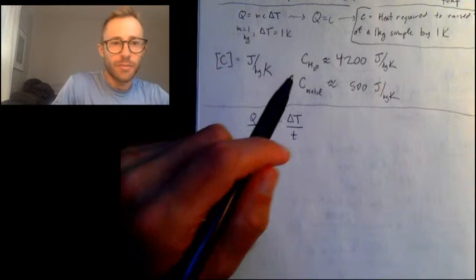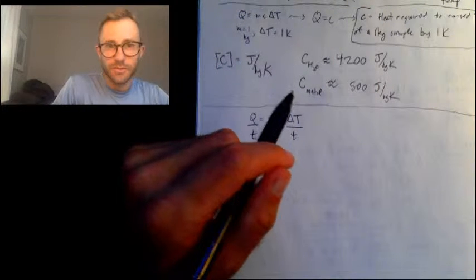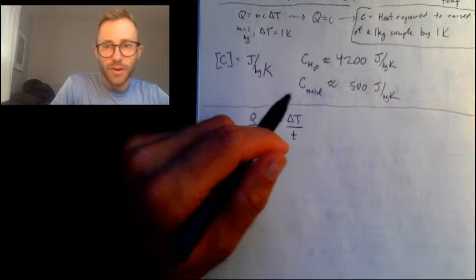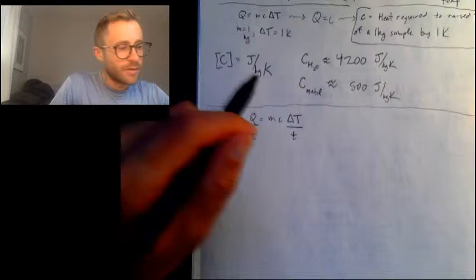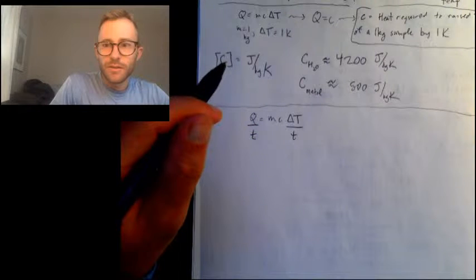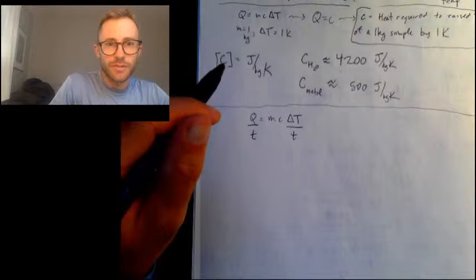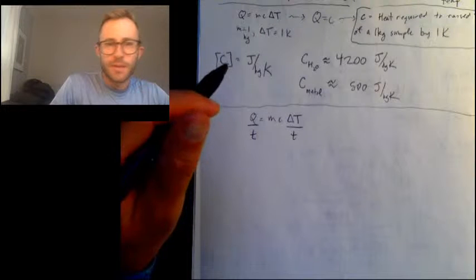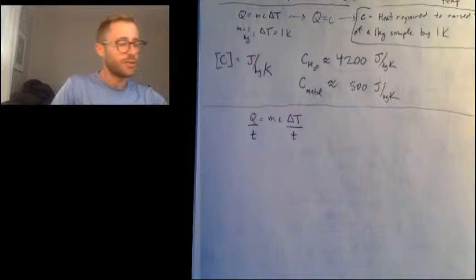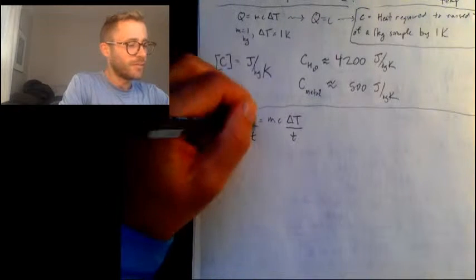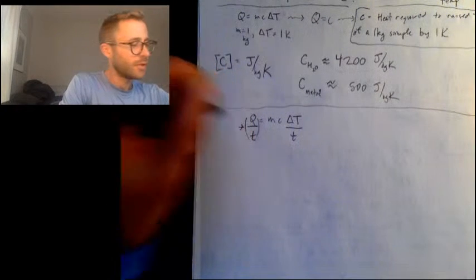Oh, actually, I'm just going to go forward, because for whatever reason my live stream is really lagging behind, it looks like. So energy per time, velocity is distance per time, but energy per time is power, okay?